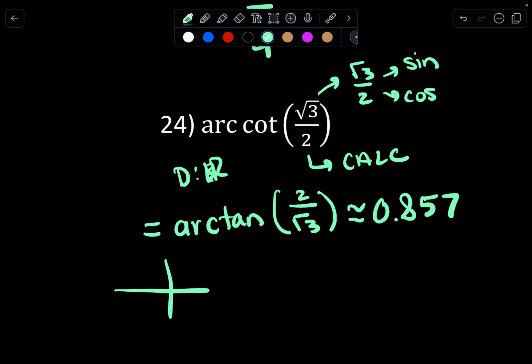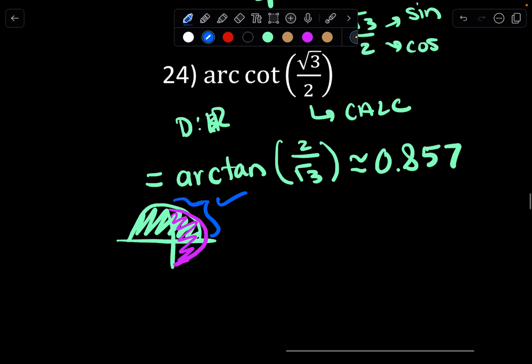With this one, we don't have to. So again, arc cotangent exists in quadrants 1 and 2, and arctangent exists in quadrants 1 and 4. They share quadrant 1. So whenever you switch to arctangent, and it's a positive input, there is no adding pi when you're in quadrant 1.